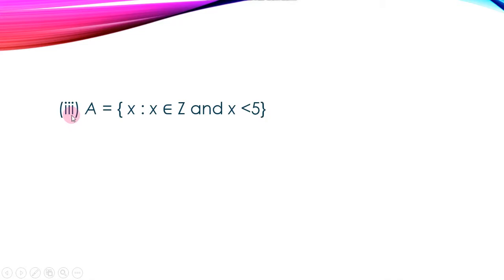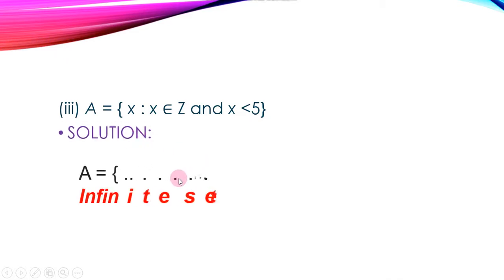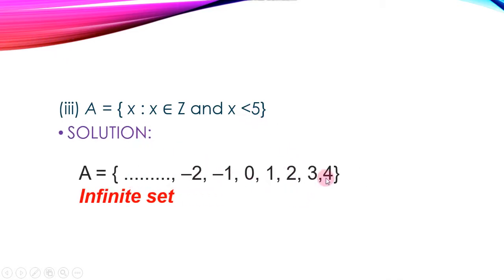Next, subdivision 3. A equal to x such that x belongs to Z, integers, and x less than 5. Let us see the solution. Less than 5. So 4, 3, 2, 1, 0, minus 1, minus 2 and so on. So infinite set, we cannot count. Are you clear?